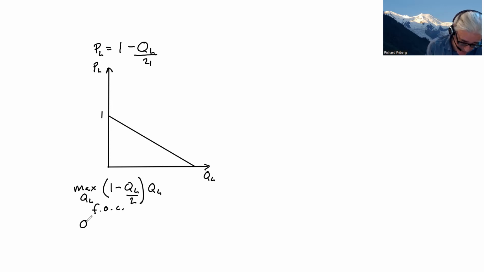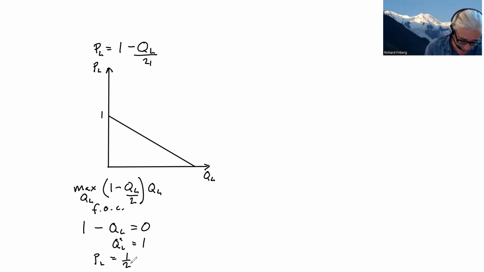Well, we get QL differentiated with respect to QL, that's just 1, and then minus QL squared over 2 differentiated with respect to QL gives us QL. So this is the first order condition. So QL star equals 1, and the price that is associated with that, plugging that in, is equal to 1/2.